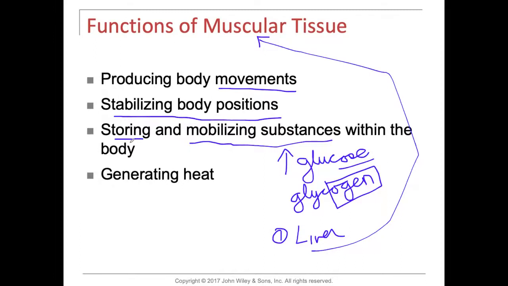So yes, muscles will store glucose in the form of glycogen, and they mobilize substances throughout the body because when muscles contract, it creates a pumping mechanism. And when muscles contract, they generate heat. That's why when you exercise, your body gets warm and you perspire to cool off.